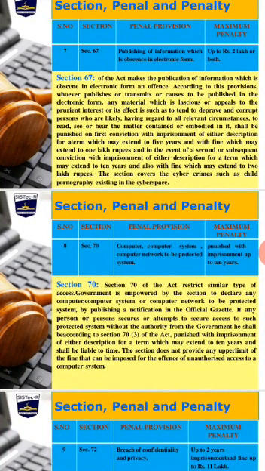If any person secures or attempts to secure access to such protected system without authority from the government, he shall, according to section 70 of the Act, be punished with imprisonment of either description for a term which may extend to 10 years and shall be liable to fine. The section does not provide any upper limit of the fine that can be imposed for the offense of unauthorized access to a computer system.